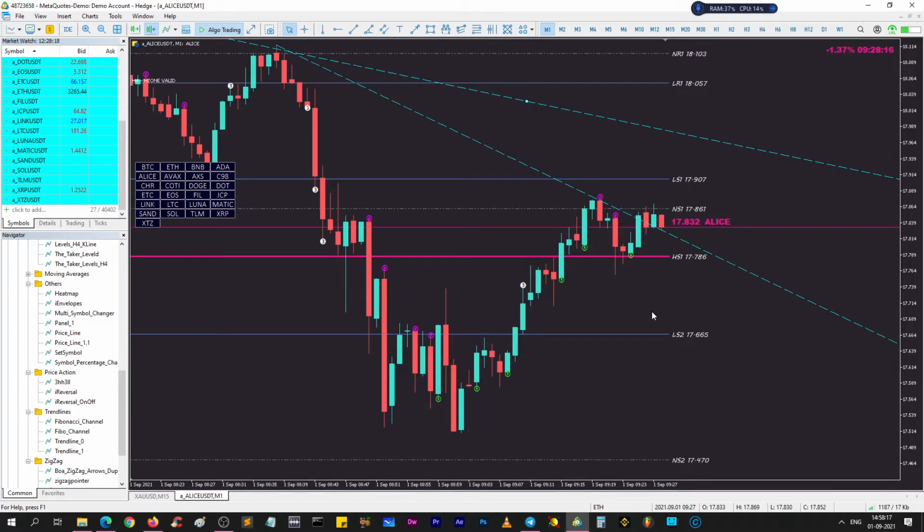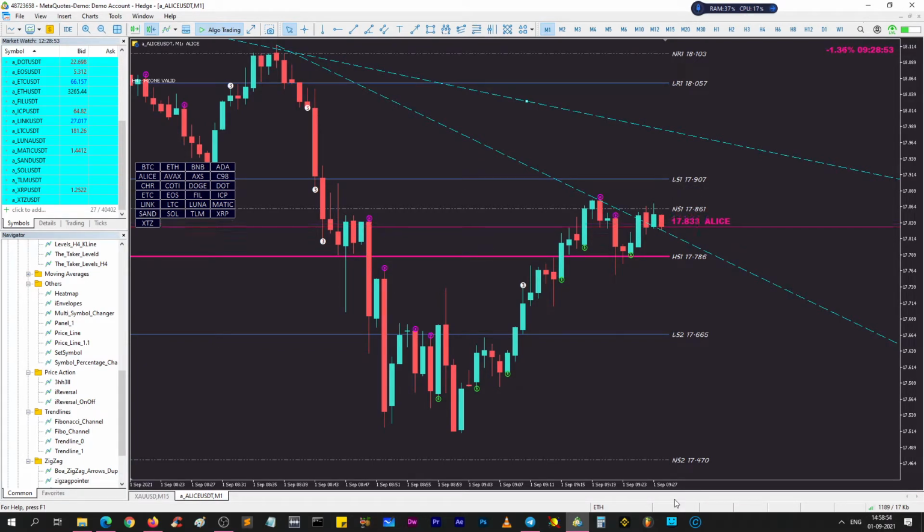We don't have any confirmation right here, because see this line, its breakout happened on the downside first. And second, price is taking resistance from my re-entry level. And that is why we cannot buy; we may sell, but the problem is, with a strict stop loss. Because if this level ns1 breaks out upside, then it is a little bit dangerous for the sellers.